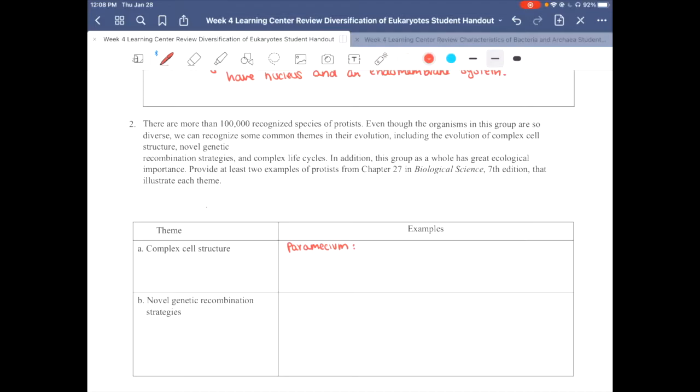Okay, so the cell structure of paramecium includes a contractile vacuole.